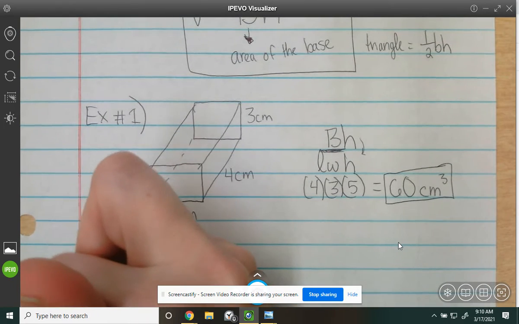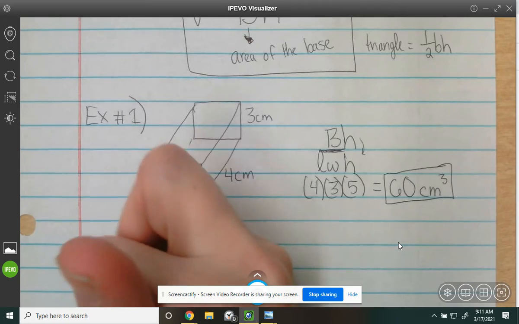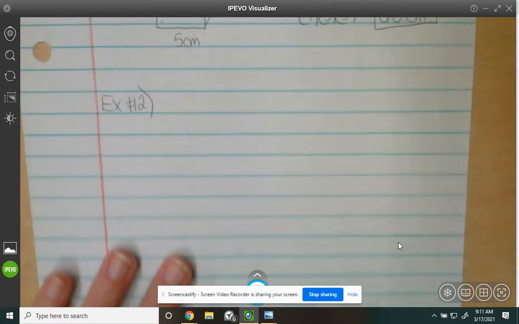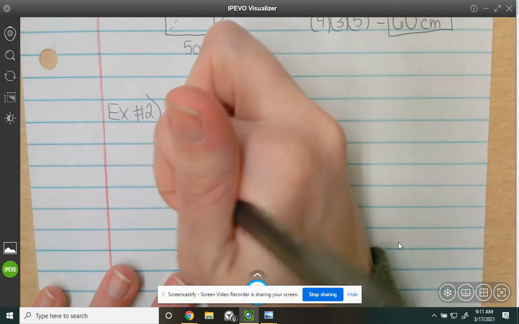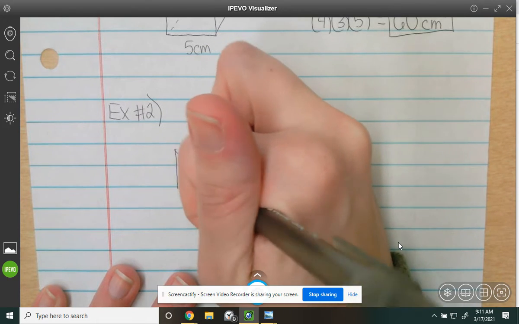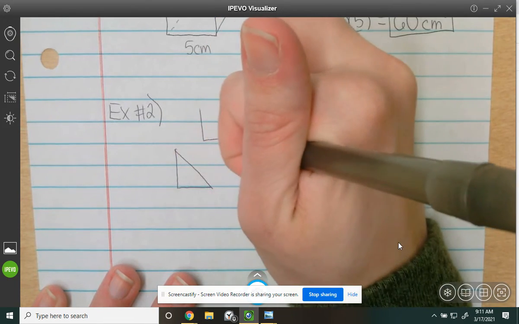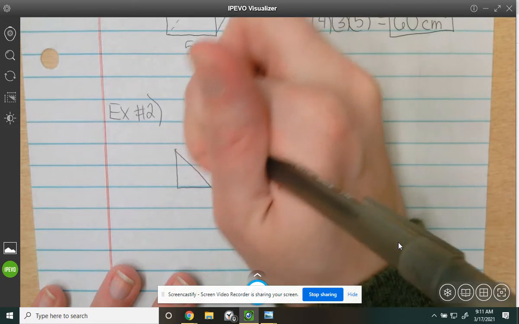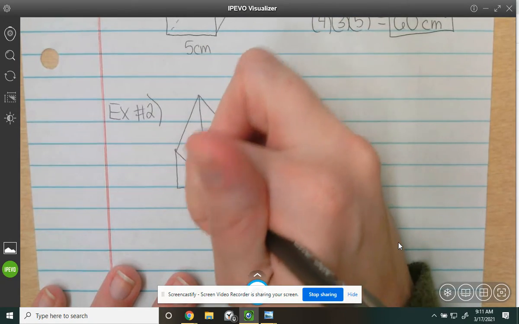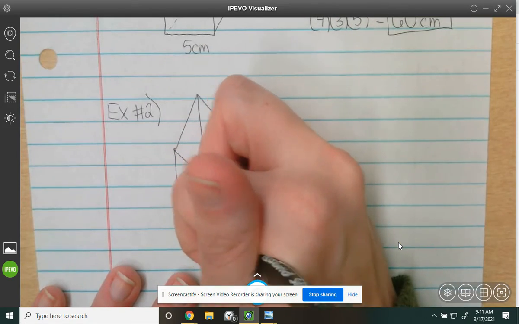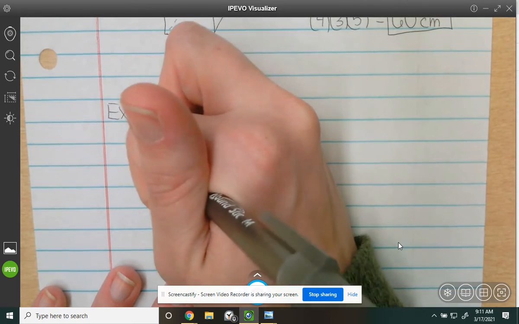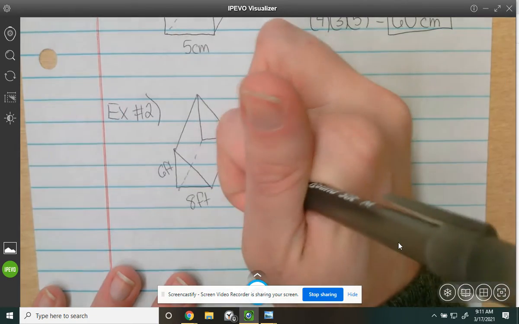All right, let's do a triangular one to see how that one's a little bit different. So draw a right triangle down here. Eight feet, 6 feet, 9 feet.